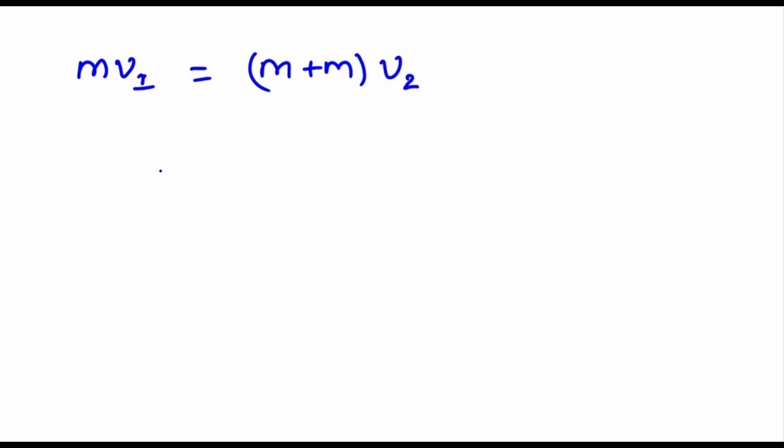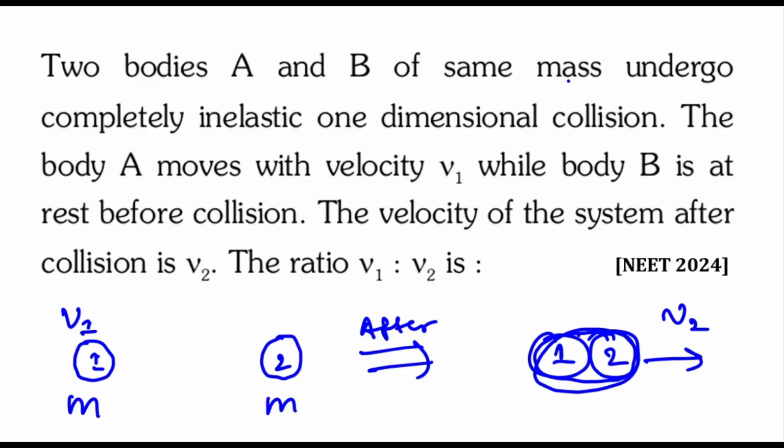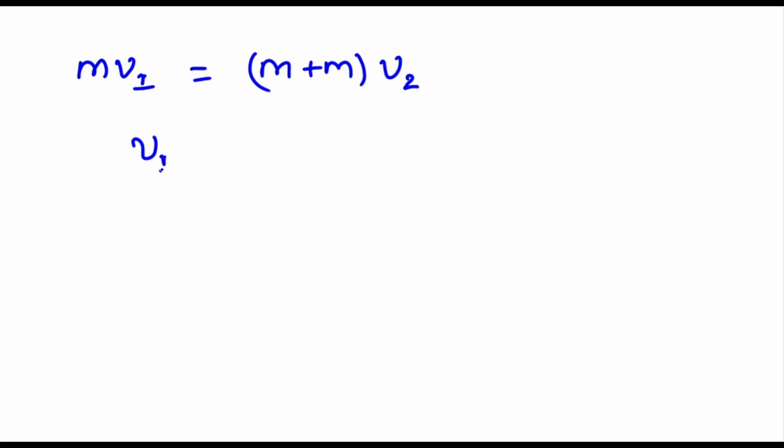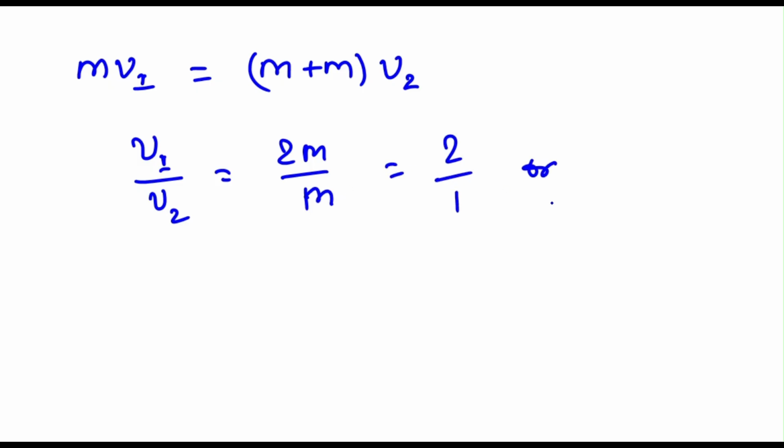So v1 divided by v2 should be 2m divided by m. So it will be 2 by 1, or v1 is to v2 is 2 is to 1.